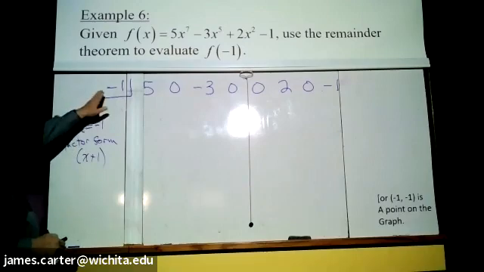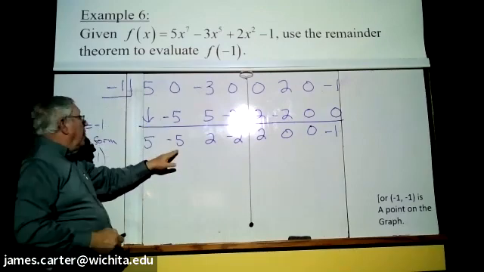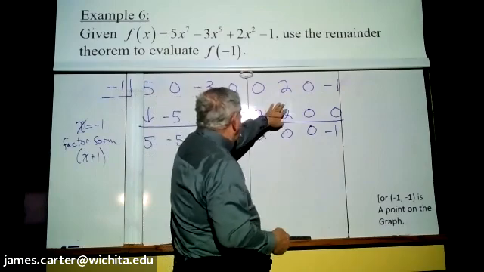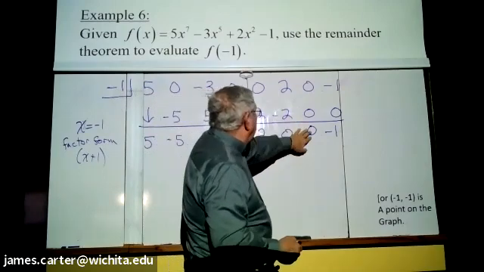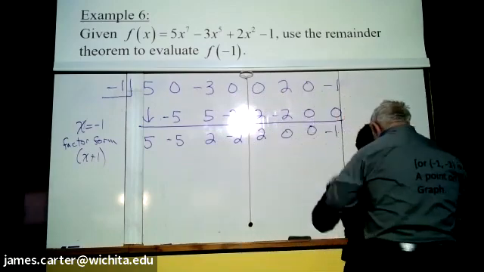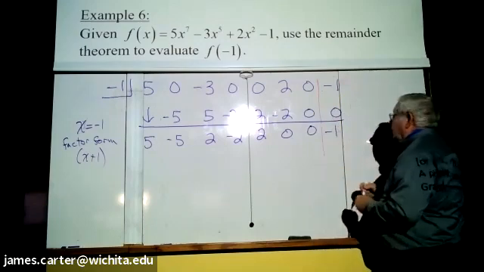Okay? Now, we're going to do this problem. We bring down the 5, multiply, add, multiply, add, and so on, and we get, in this case, a remainder of -1.